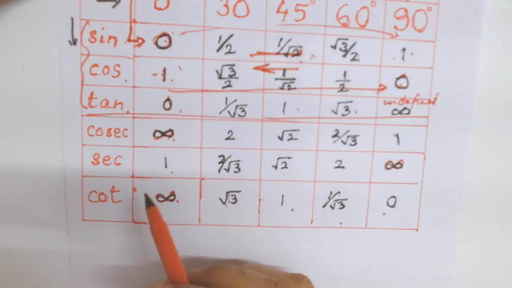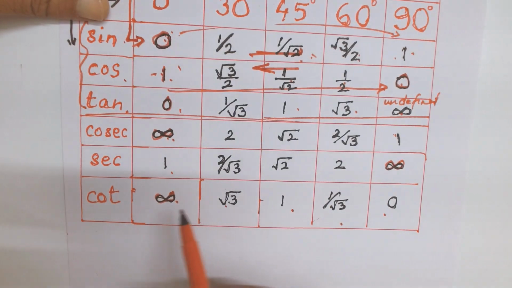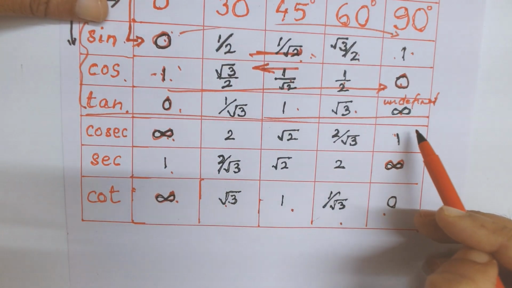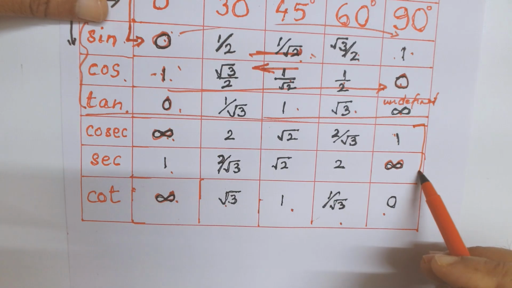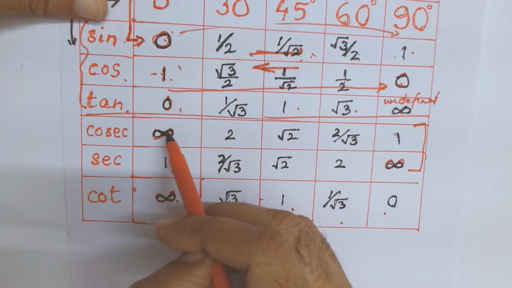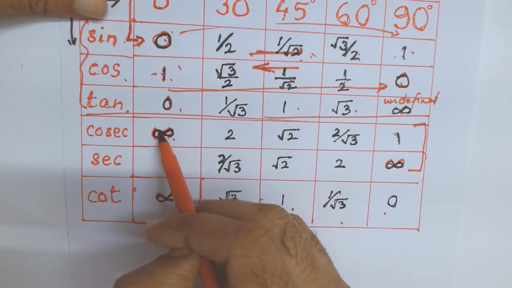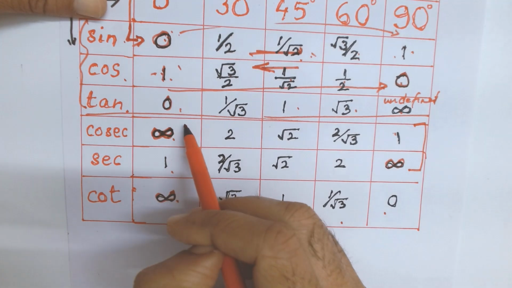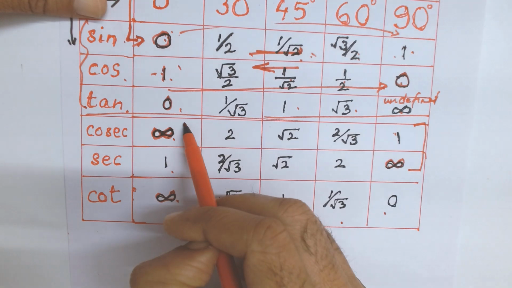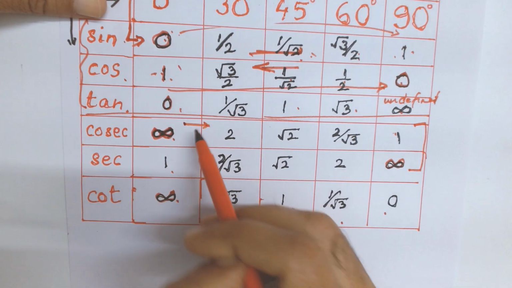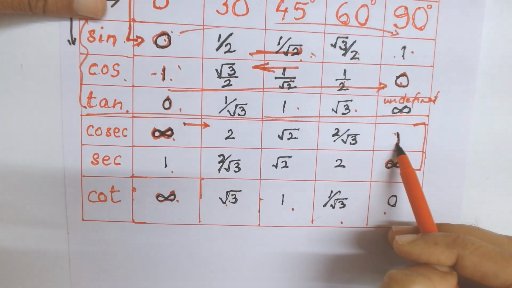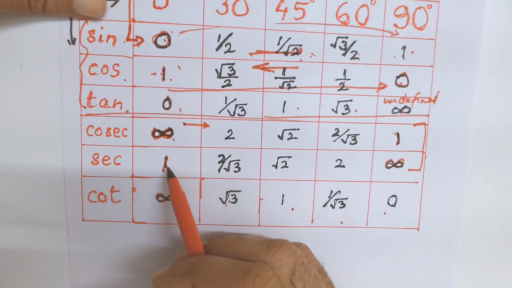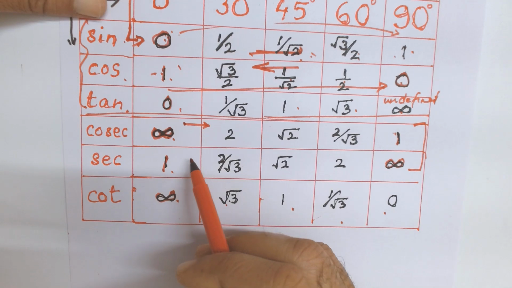Now how about let's take this one, cosec and sec. Do you find some order here? Cosec moves from infinity, it actually comes down, right? It comes down from infinity to 1, whereas sec is the other way around. It increases from 1 to infinity.